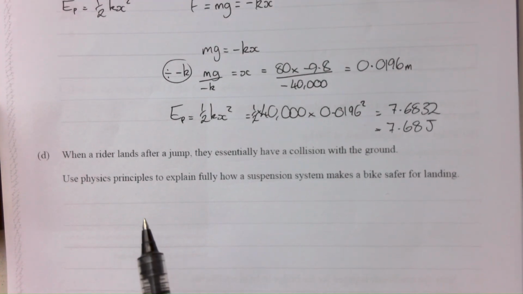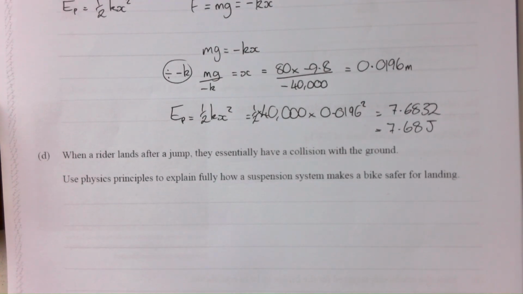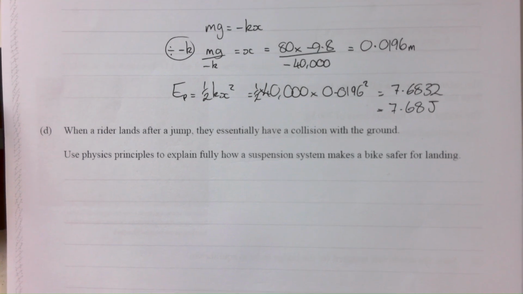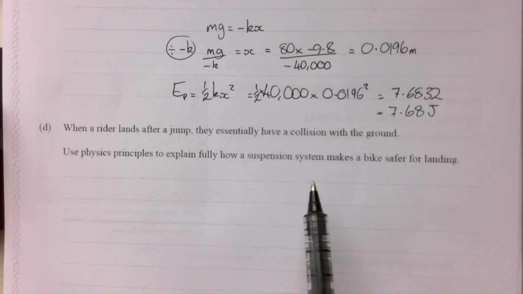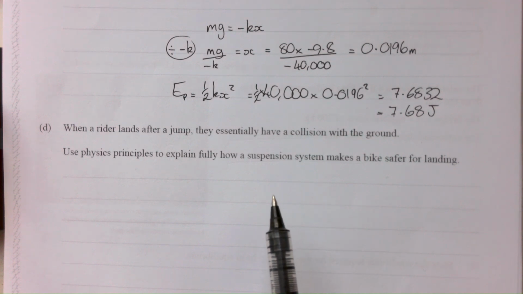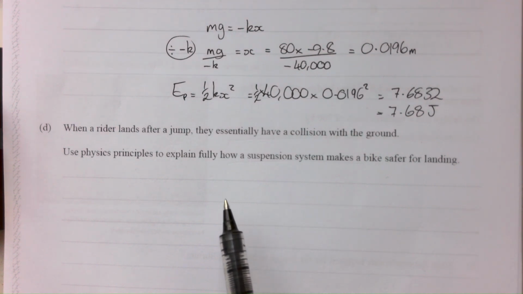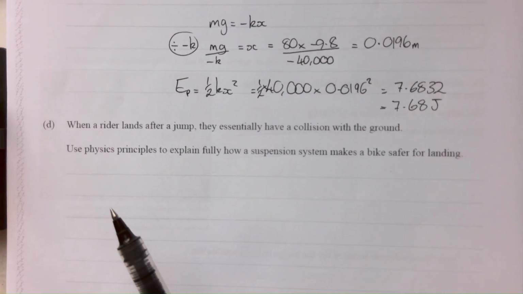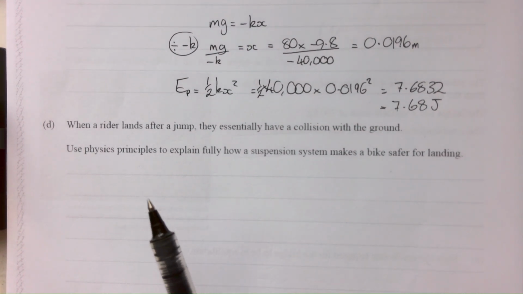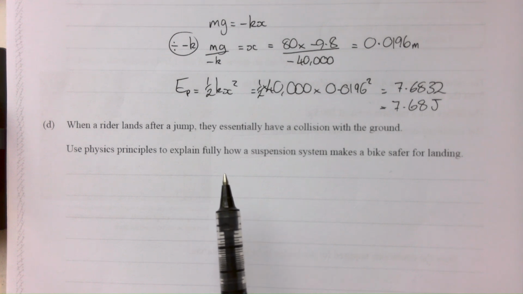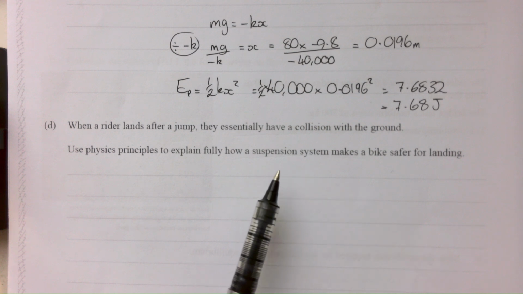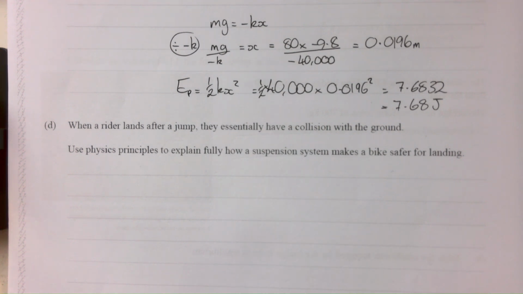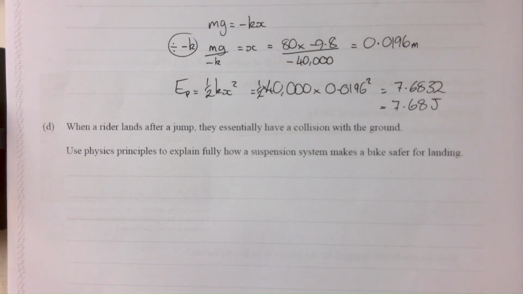Now, part D. When a rider lands after a jump, they essentially have a collision with the ground. Use physics principles to fully explain how a suspension system makes a bike safer for landing. Now again, as soon as you're dealing with a problem where something is coming to a stop, whether it's an ice hockey player and his padding, or a suspension system and a bike, we're thinking about the collision, the impulse equation.